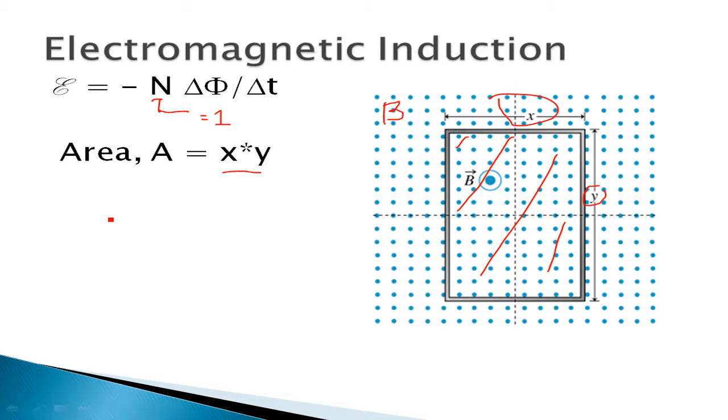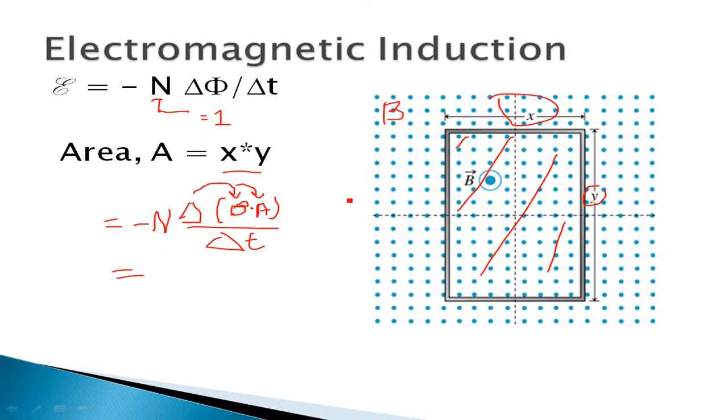And notice what happens if we have a fixed area here. So I'm going to put in the definition of the flux. Flux is B times A. Now remember what the delta symbol is asking. The delta symbol is asking whatever symbol's next to it, are you changing? So it's asking B and it's asking A, are you changing?